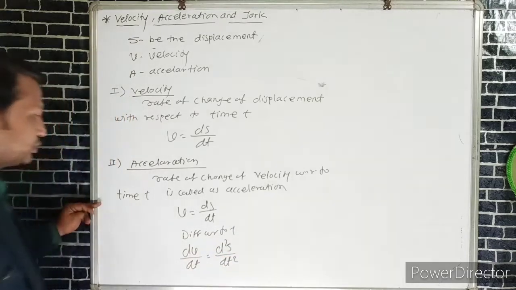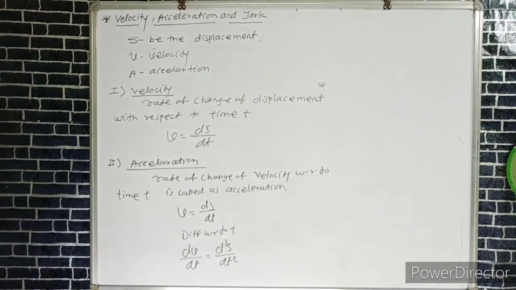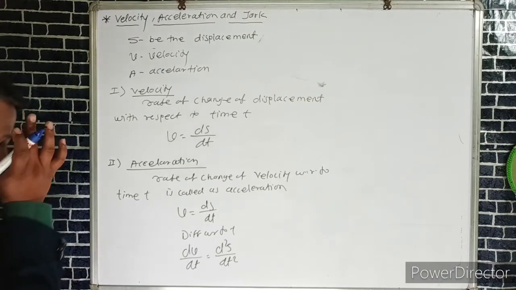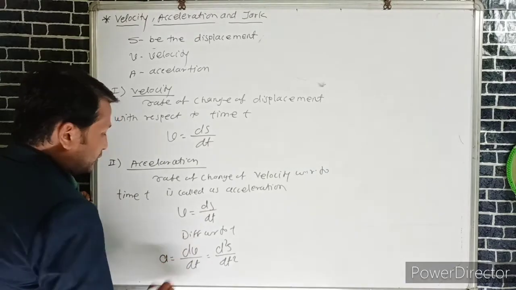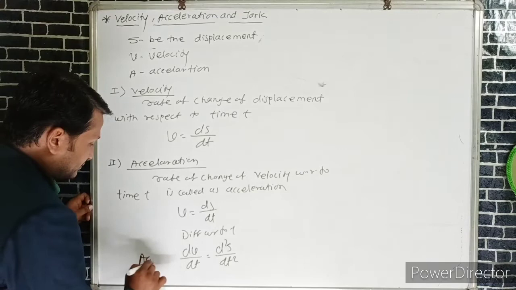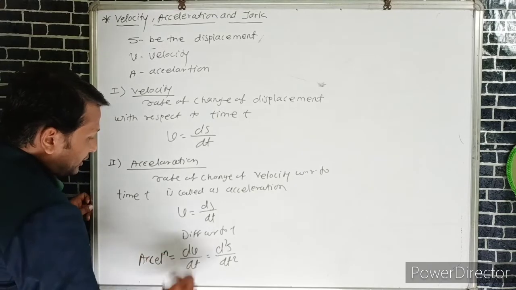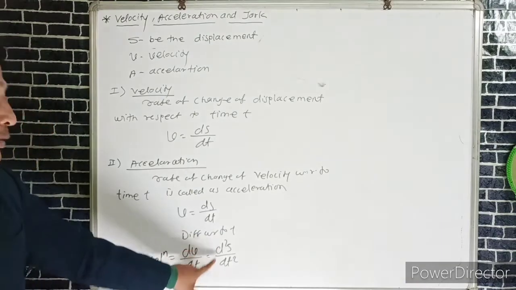So the rate of change of velocity with respect to time t is called acceleration, a is equal to dv upon dt or d2s upon dt square.